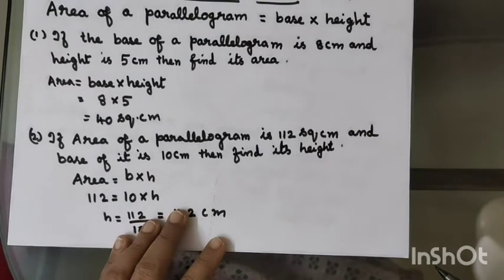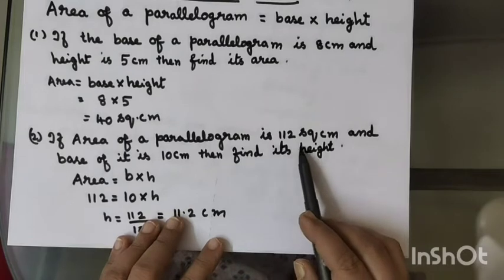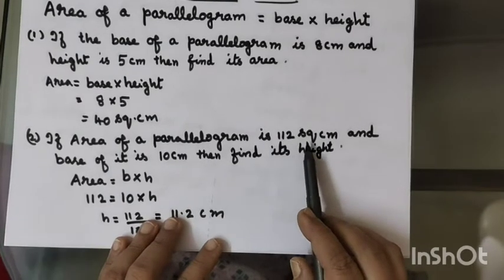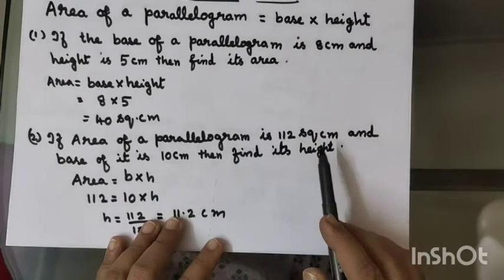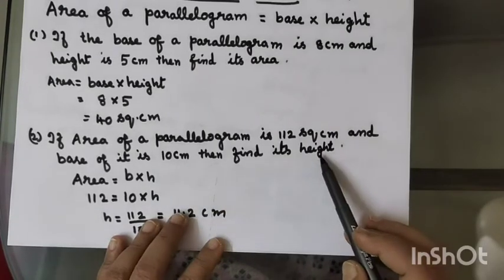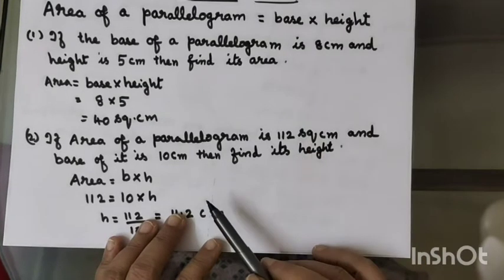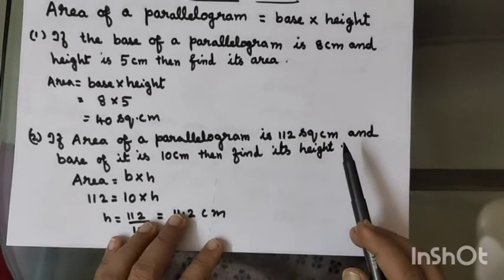Now next sum, if the area of a parallelogram is 112 square centimeter and its base is 10 centimeter, find its height. So area is given, base is given, height is not given.